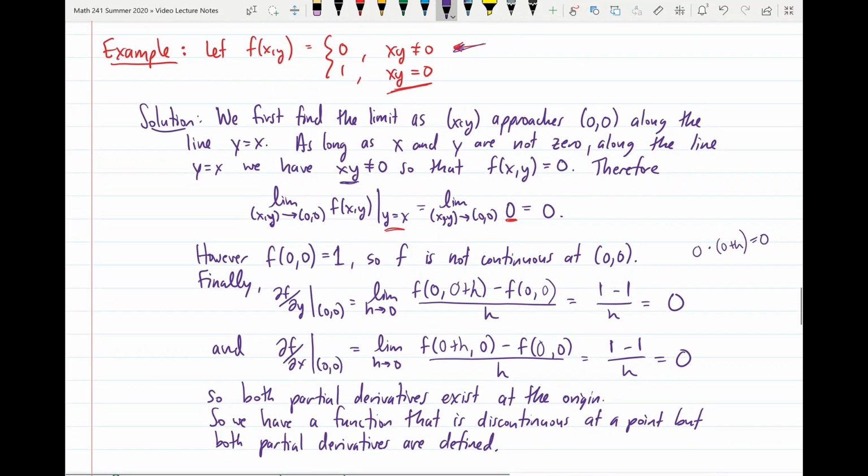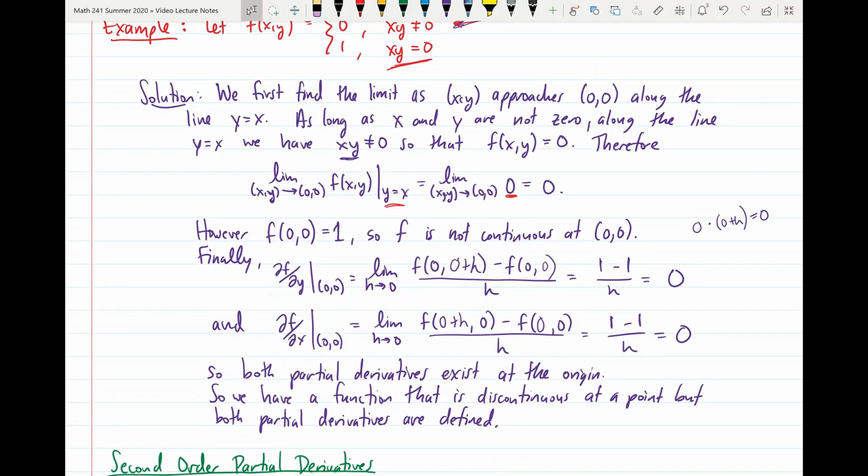So by definition of the function, the function is going to equal 1 at any point that looks like (0, 0 plus h). And of course, f of (0, 0) is also going to be 1. So this is equivalent to the limit as h goes to 0 of 1 minus 1 over h, which is just equal to 0.